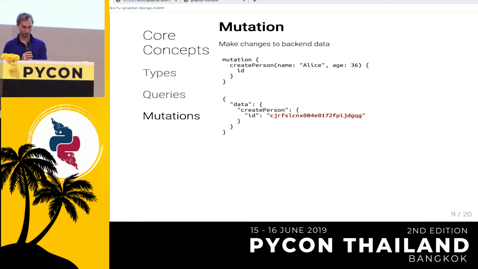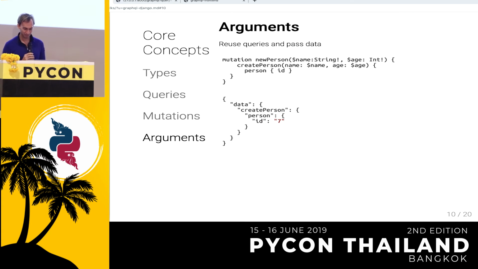All right, so we had mutation. Then what we have seen also, I'm not sure if you saw it, but of course you can use arguments, which is very useful to reuse your GraphQL queries, because you don't want to recreate your GraphQL queries for every single user.